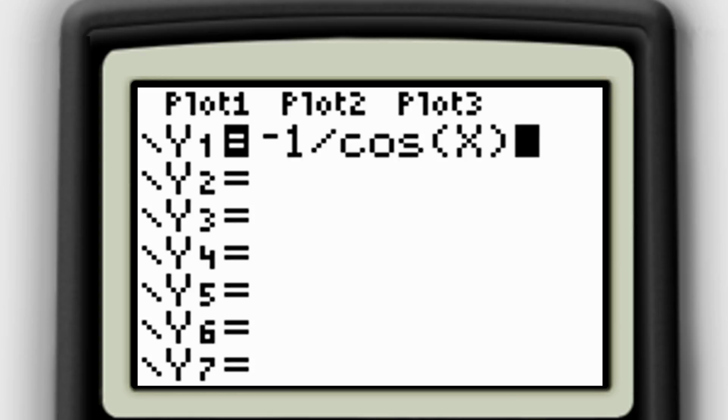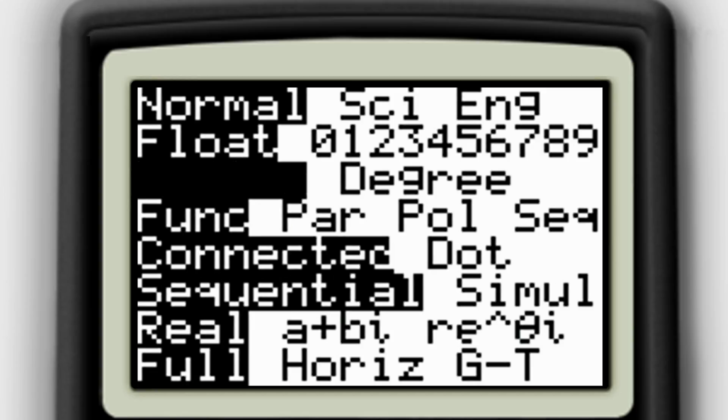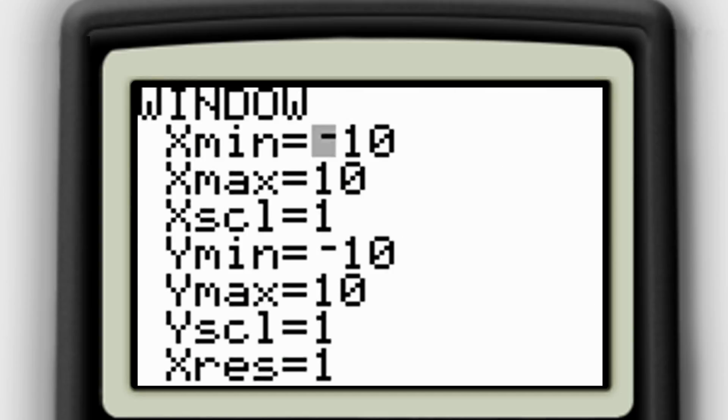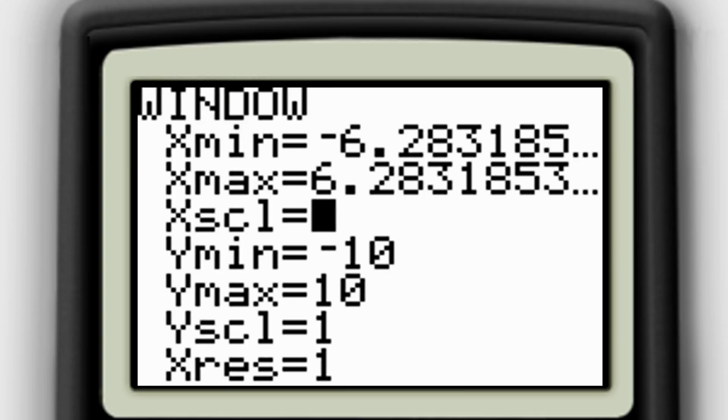And before we graph, we'll go into our mode and make sure we're in radian mode. For our window setting, it's rather arbitrary, but we'll take x min as negative 2 pi, x max positive 2 pi, and our x scale will count by pi over 2.